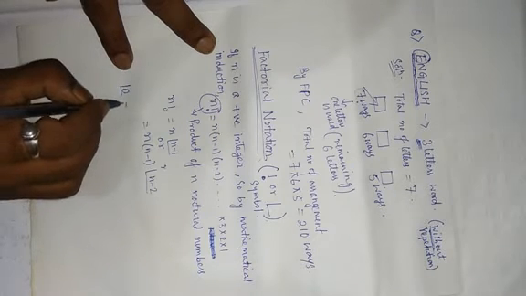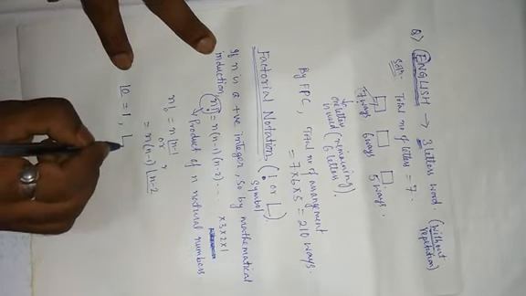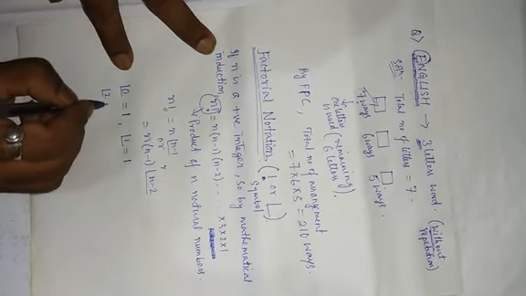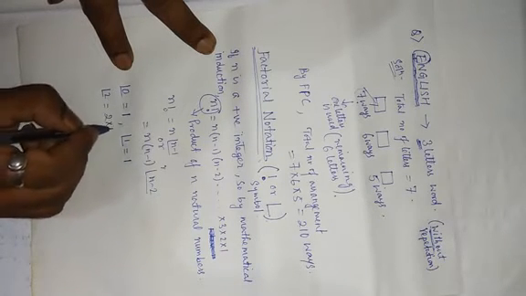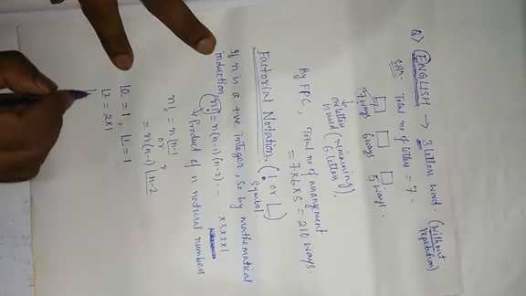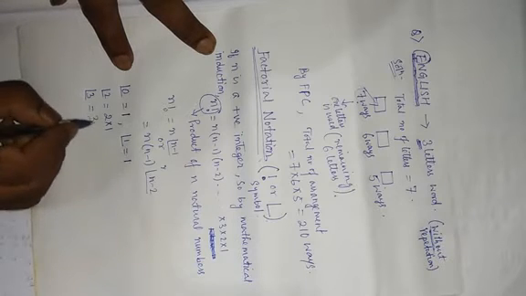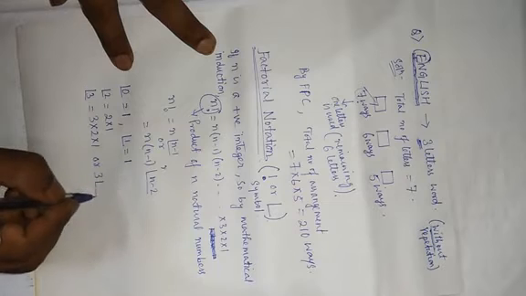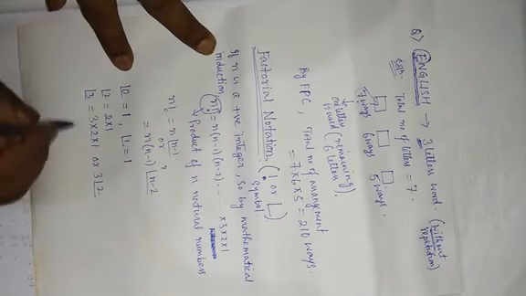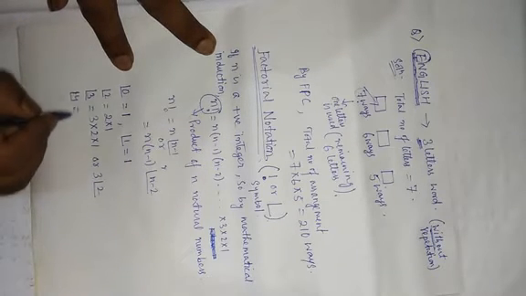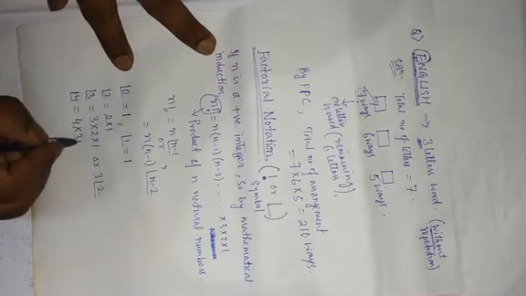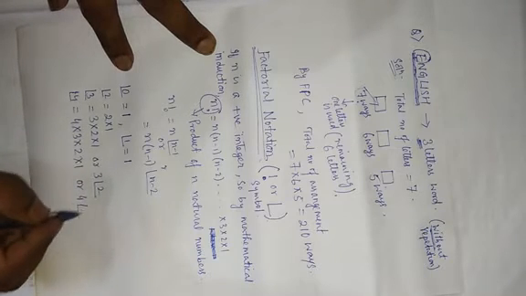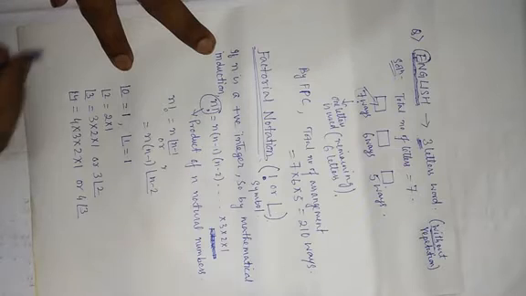Factorial 0 is equal to 1. Factorial 1 is equal to 1. Factorial 2 can be written as 2 into 1. Factorial 3 is written as 3 into 2 into 1, or you can write it as 3 into 2 factorial. Factorial 4 can be written as 4 into 3 into 2 into 1, or 4 into 3 factorial.